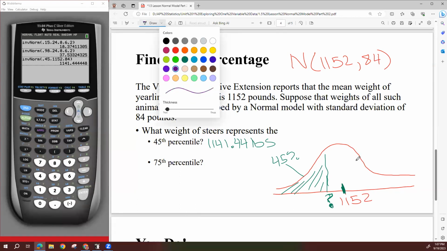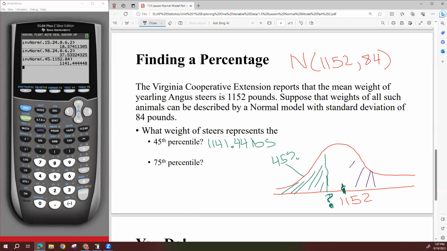Same idea with the 75th percentile. Which actually you might know also as quartile 3, because there's 25% of the data points above it and 75% of the data points below it.